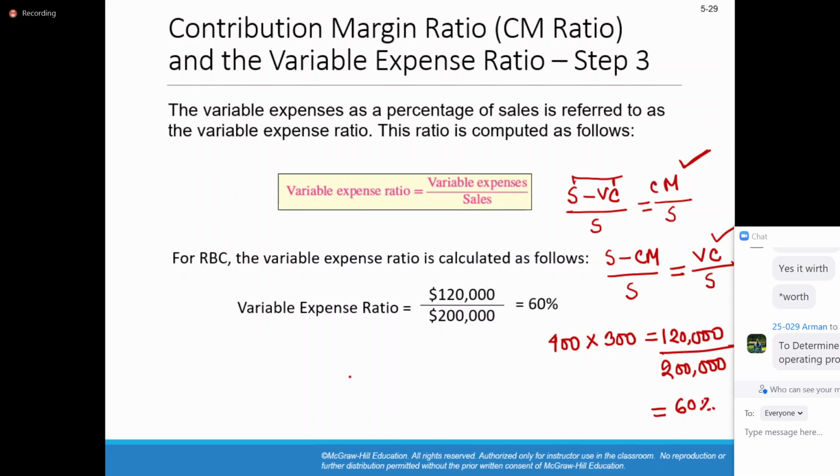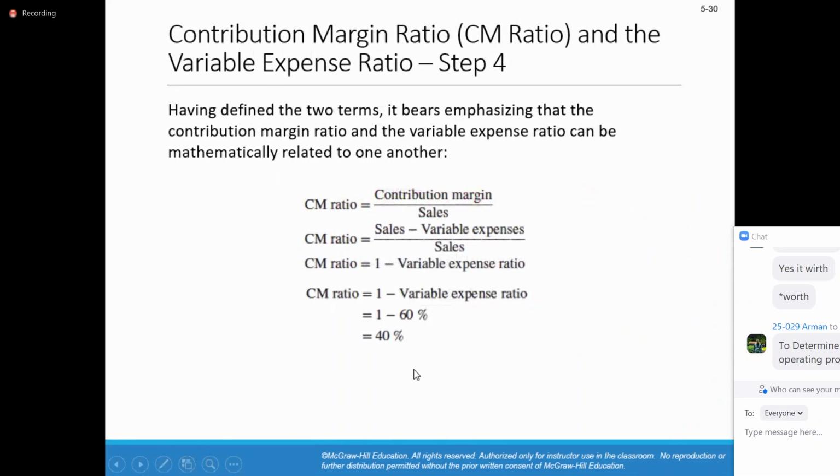So if you have the contribution margin ratio, say 40%, is it possible to get the variable expense ratio? It is possible to get the variable expense ratio in this way. Okay. So this is the sales. This one is the contribution margin ratio.